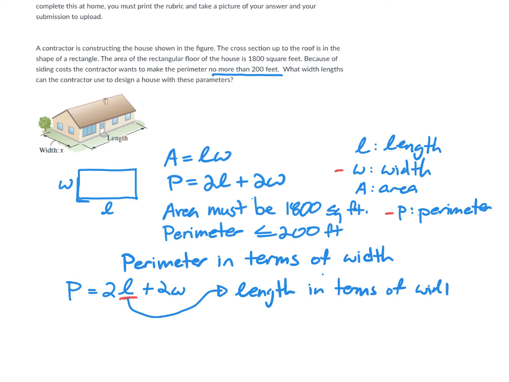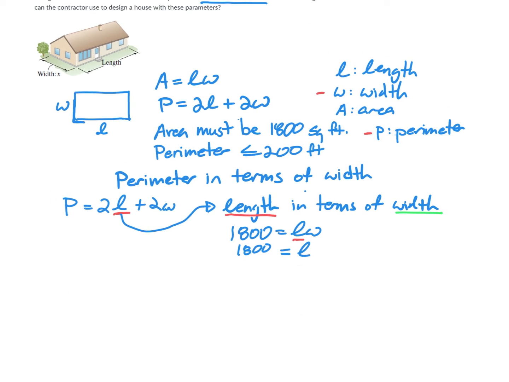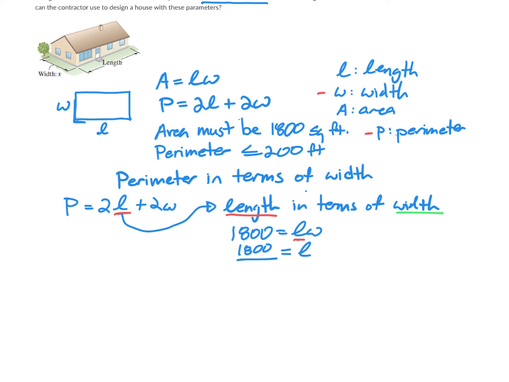If I do that, then I can just plug it into my original, right? So we did stuff like this in Unit 1. So I'm going to take my area, which I know has to be 1,800. And I'm going to isolate the length, so that way I have length in terms of width, right? So by isolating the length, I'm going to divide by W. So I have L equals 1,800 divided by W.